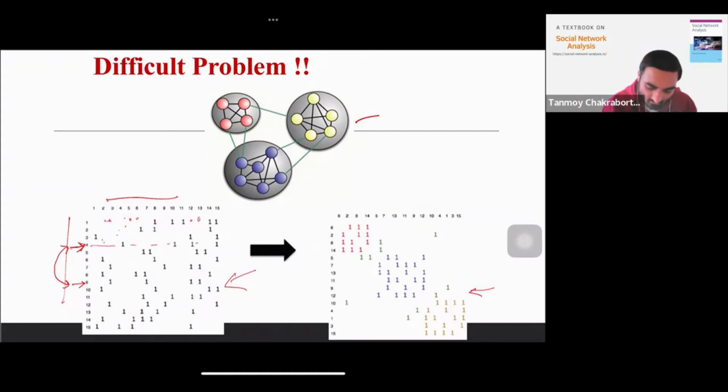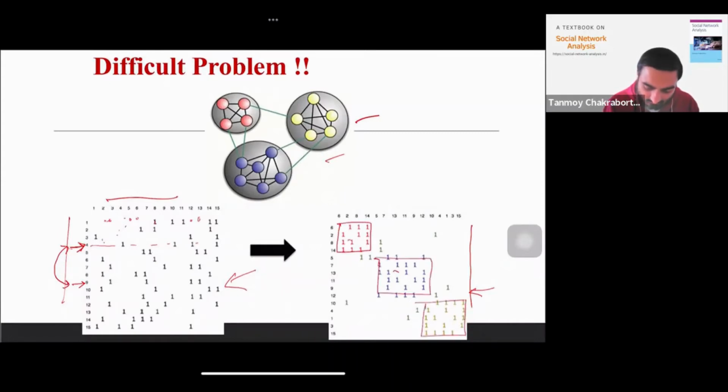Now you see that in this modified adjacency matrix, which also indicates the same network, most of the ones moved to the diagonal side of the matrix, and now you see different blocks of ones.